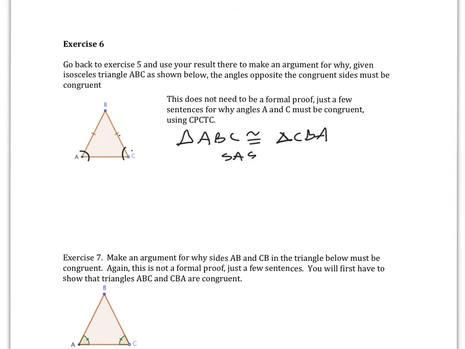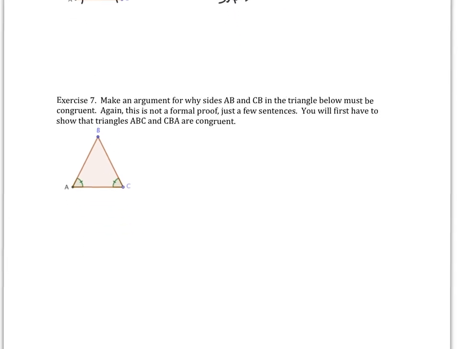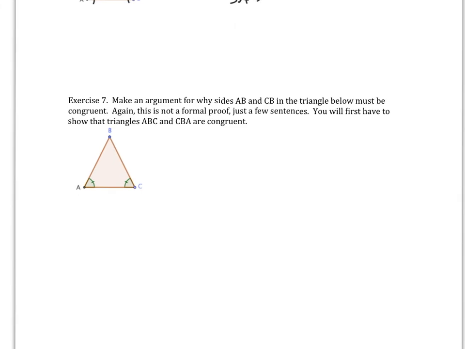Okay, so now we go down and we say, all right, let's say that all we know about this triangle is that these two angles are congruent. We want to try to show that triangle ABC is congruent to triangle CBA.